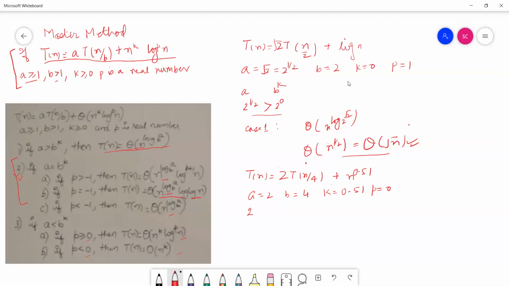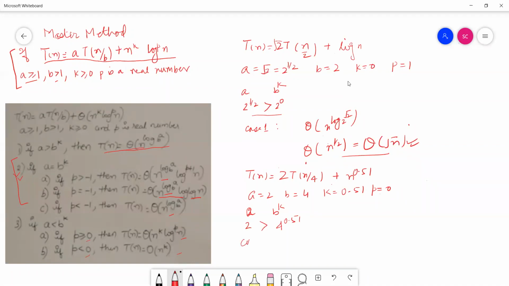Again we compare A and B to the power K. This is 2 and this is 4 to the power 0.51. We know that 4 to the power 0.5 is equal to 2. Since it is 0.51, this one is greater.